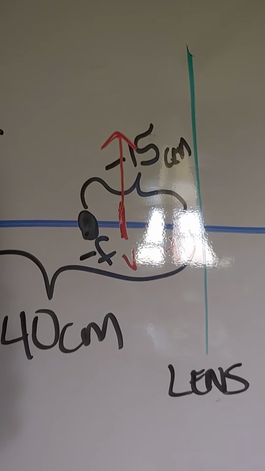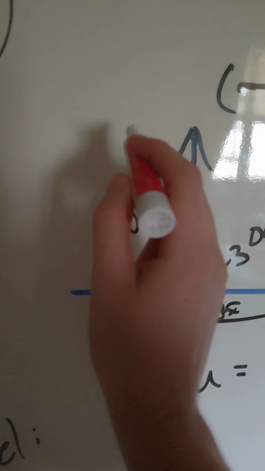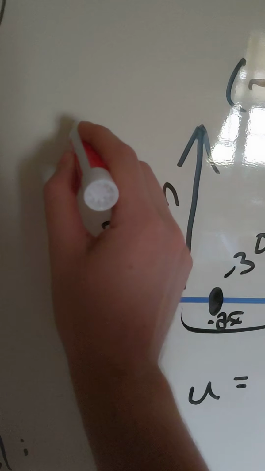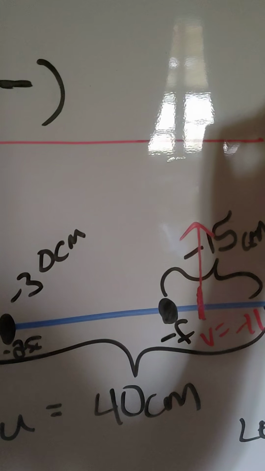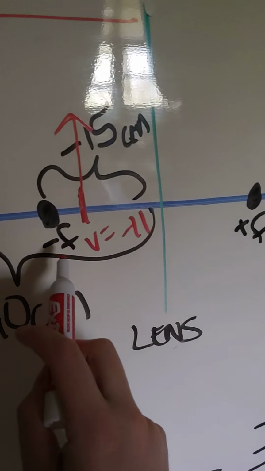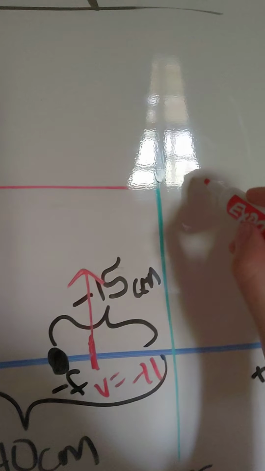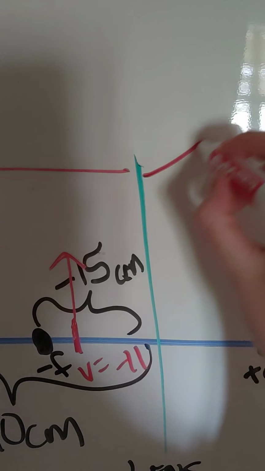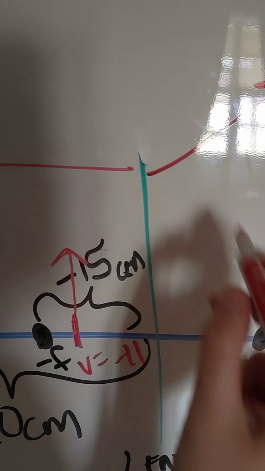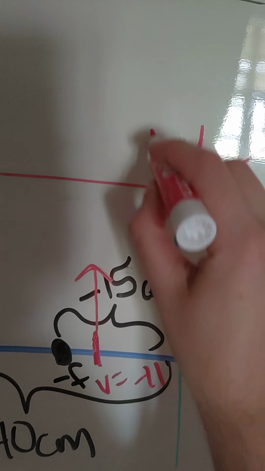And so when we're drawing this, what that means is that when the light hits the lens, this is a minus lens because of the negative focal distance. I forgot to say that. It means that light diverges when it hits here. So minus lens.